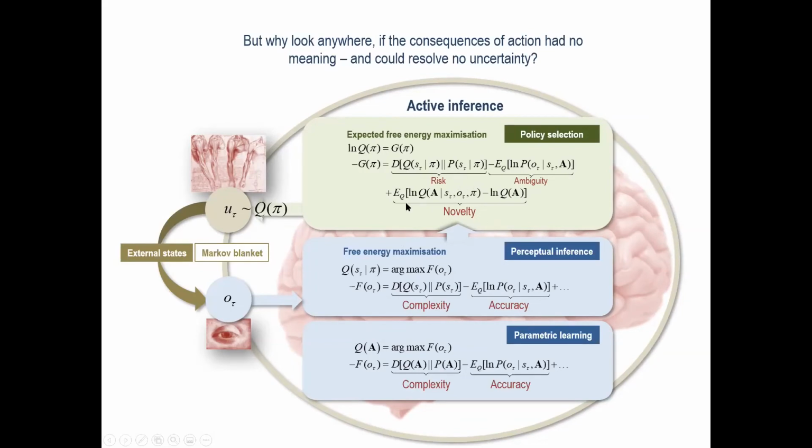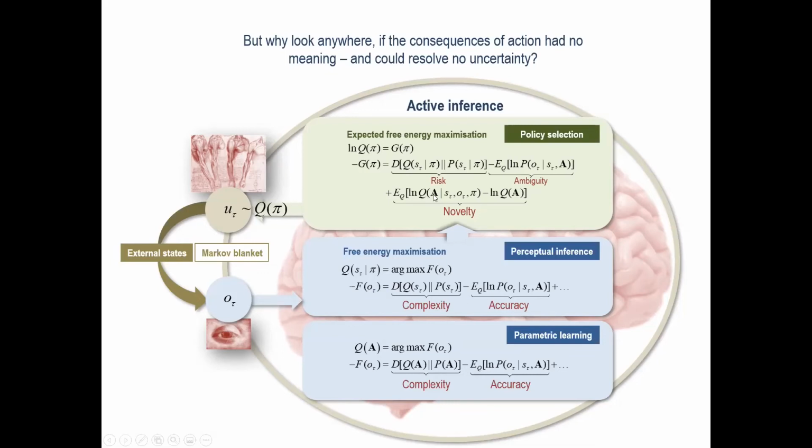And basically what happens is that the intrinsic value or the information gain about the parameters, namely the KL divergence between the posterior, conditioned upon observations in the future, given a particular policy, relative to our beliefs before seeing those observations and inferring the states that generated those observations, scores the information gain. So the contribution to the expected free energy due to uncertainty about parameters now becomes novelty.